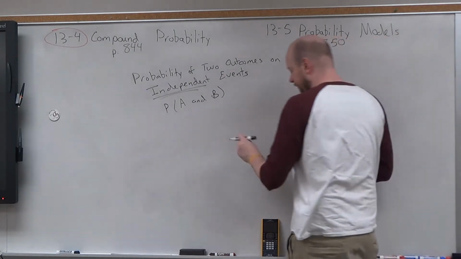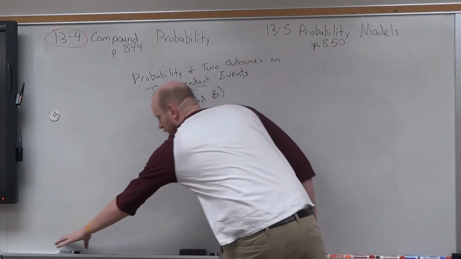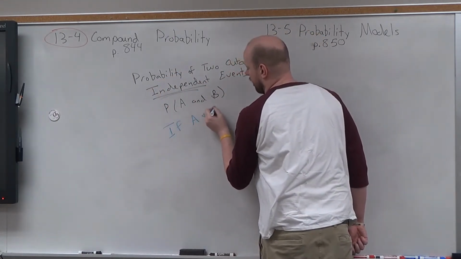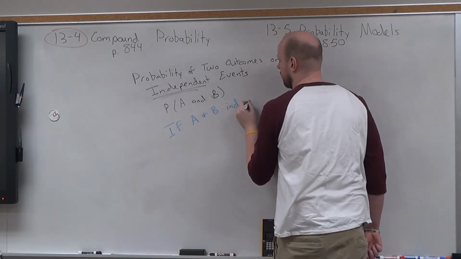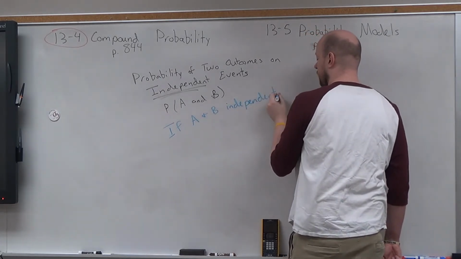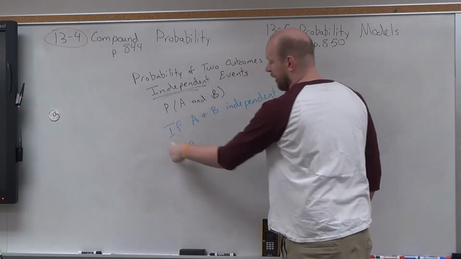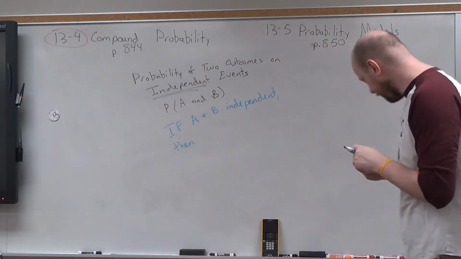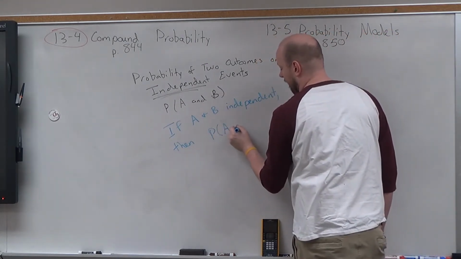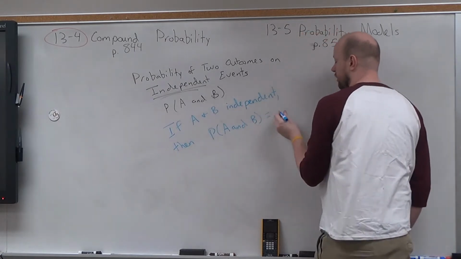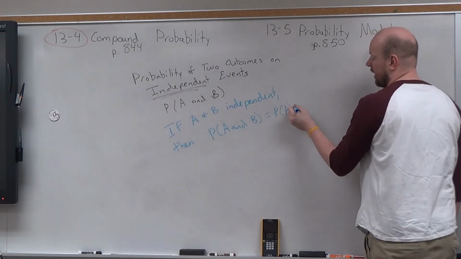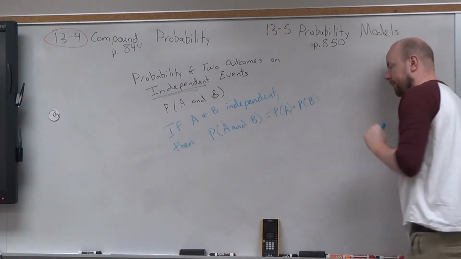So we get a little formula actually. If A and B are independent, then, by gosh, an if-then statement, conditional, geometry 101, then the probability of A and B equals the probability of A times the probability of B.